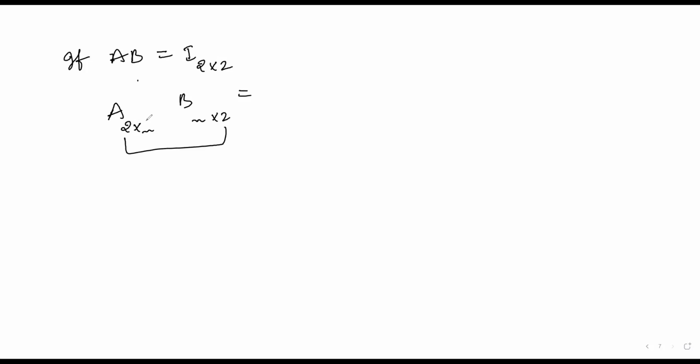Here it can be 1 by 1, or 2 by 1 and 1 by 2, or a 2 by 2 matrix with a 2 by 2 matrix. This is possible, right? Let's say it is 2 by 1, 1 by 2.